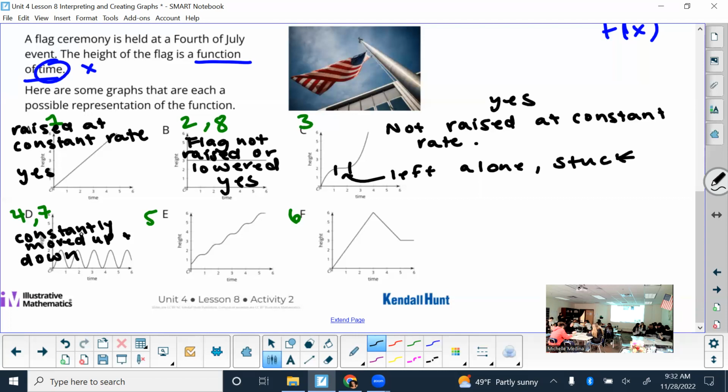What do you think might have happened? Sometimes the wind maybe? Constantly raising it and lowering it. Any other reasons, Scott?